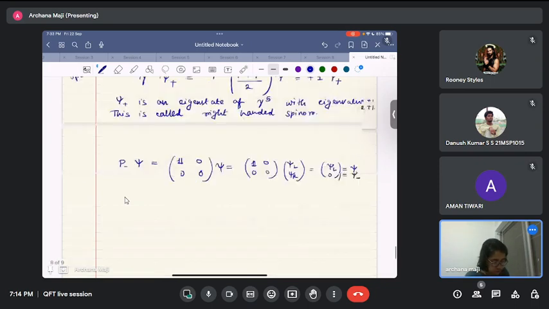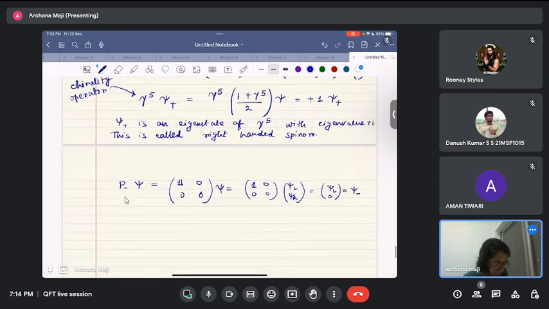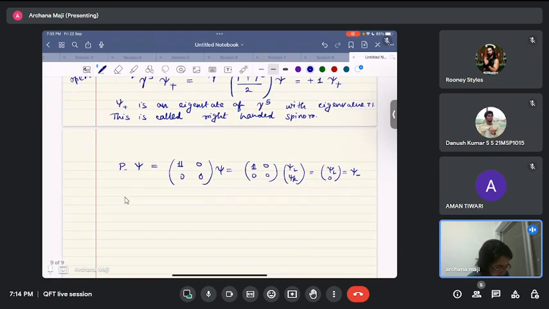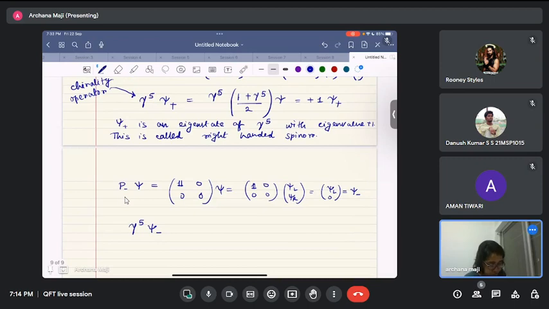Okay, so P minus acting on psi is projecting out psi L, which we are calling psi minus. Psi minus is a 4-component spinor. Psi L is a 2-component Weyl spinor. Okay, and this psi minus is what we call the left-handed spinor, because gamma 5 when it acts on psi minus gives eigenvalue minus 1.